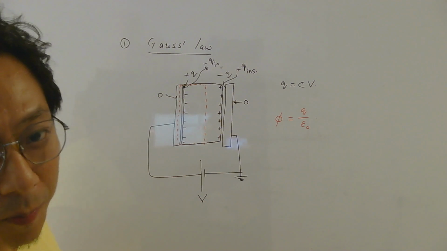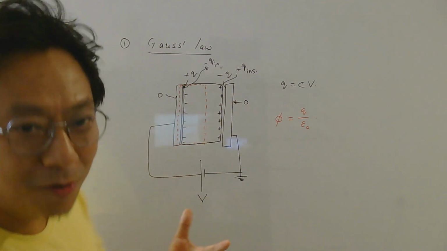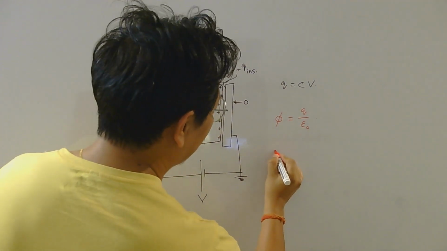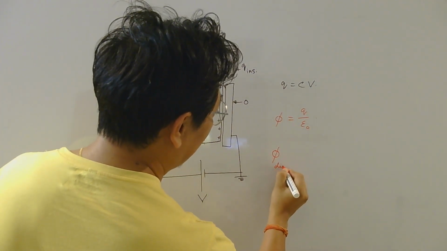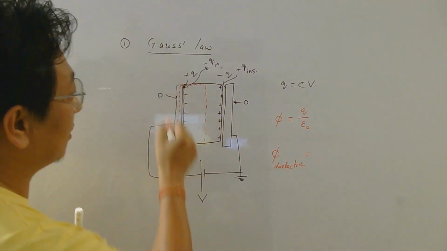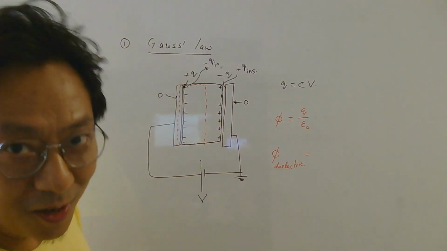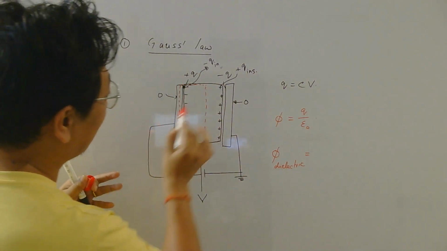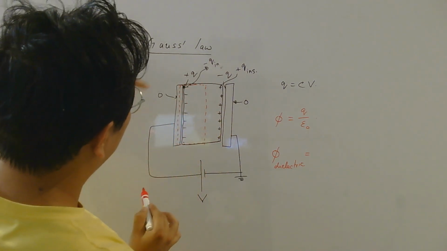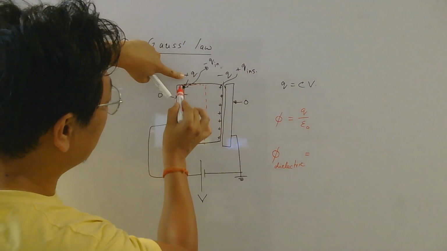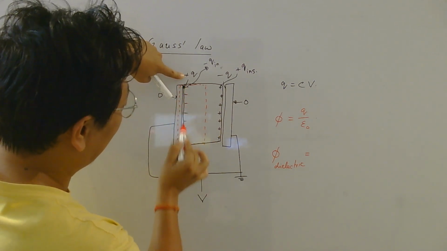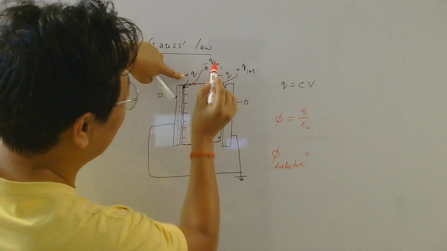So now when you apply Gauss law, you still have to use it the same way. The electric flux in the presence of the dielectric will also be the total charge inside divided by epsilon naught. But if you notice carefully, the flux through this closed surface is due to the charge Q which was given to this plate, and also the charge which is induced in the dielectric, minus Q induced.